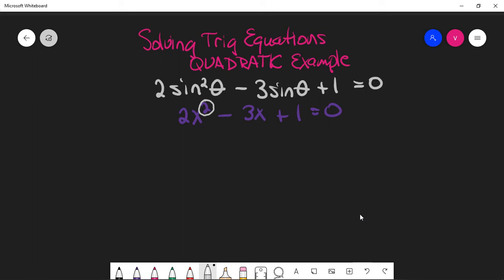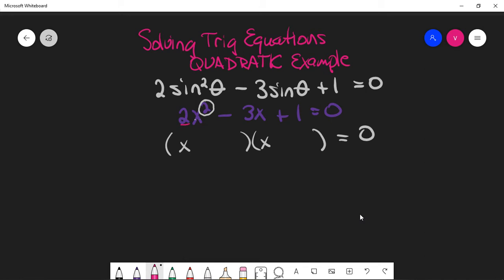So this would factor into, I'm going to do our reverse operations there. The first terms have to multiply together to be 2x squared, so this is going to be 2x and x. You do it whatever way you feel comfortable with.